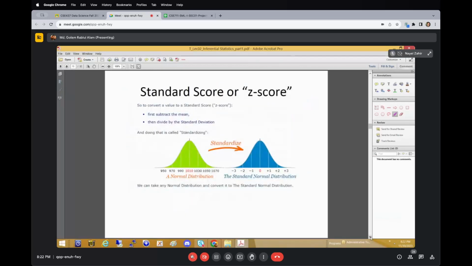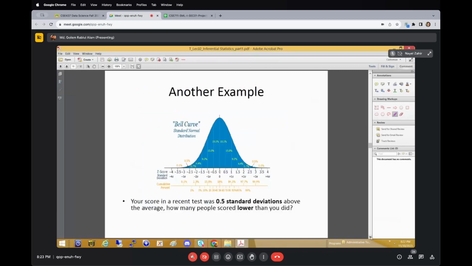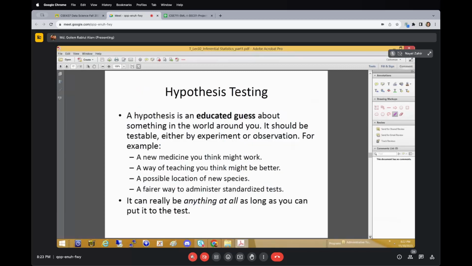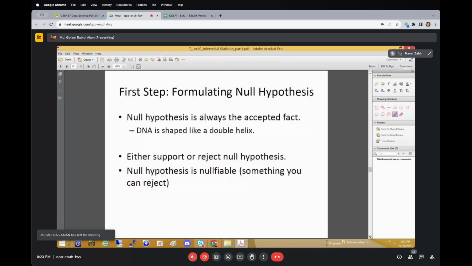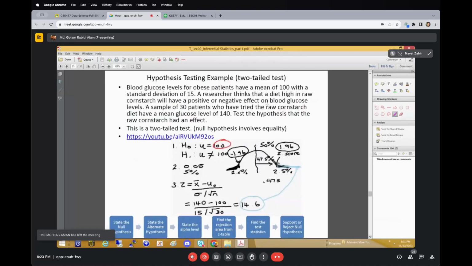We also discussed the Z score, how to calculate the Z score, and what the use of Z score is. Now we can start from this one, that is hypothesis testing example.